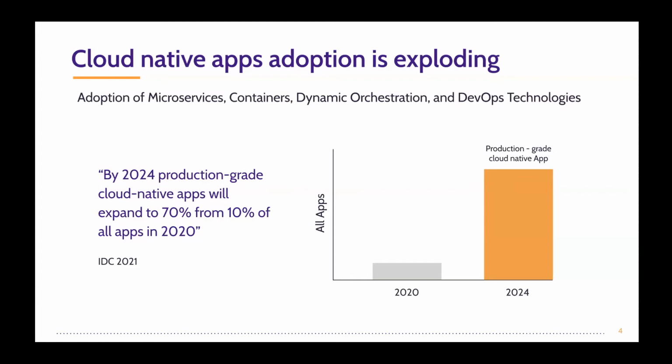By 2024, production-grade cloud-native apps will expand to 70% from 10% of all apps in 2020. So basically, that means that cloud is already a big thing, but it's going to be that much bigger in the future. People will use it more and more. And this is why we definitely want to learn how to adapt to it and how to avoid the obstacles that it brings. And this is why we're here.